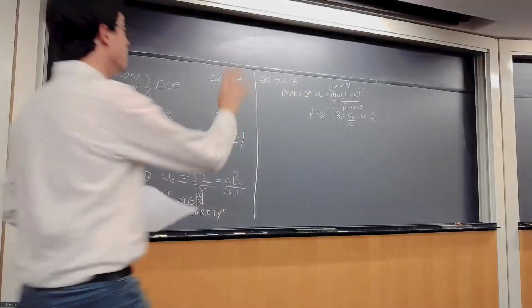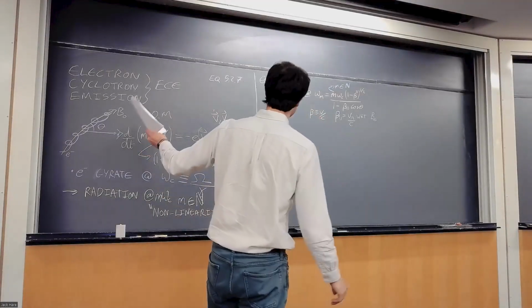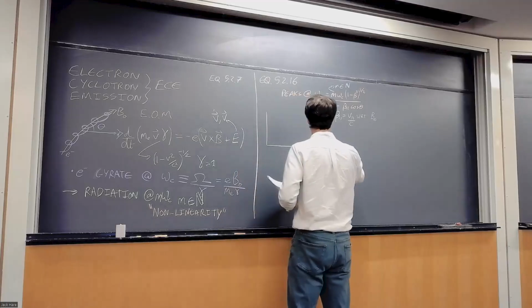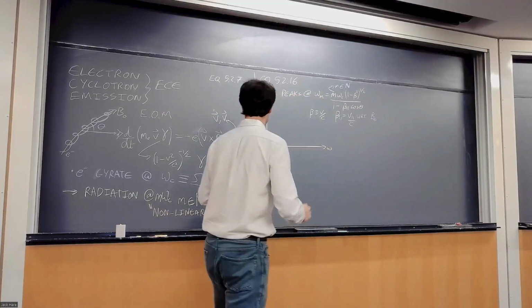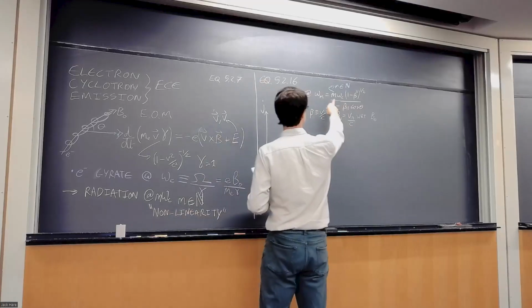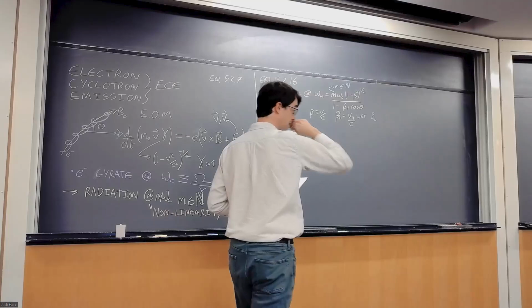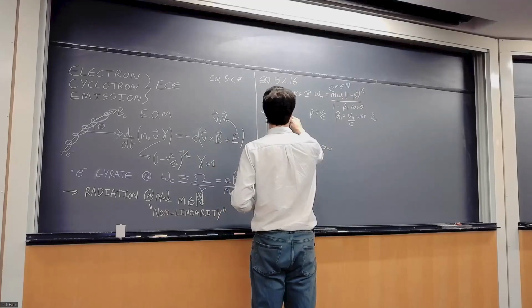So for a single particle, just some electron moving in a magnetic field, we would have an emissivity that looked like a series of these peaks, okay? And these are delta functions in the theory. So you just have these very sharp emission lines, and they're evenly spaced.